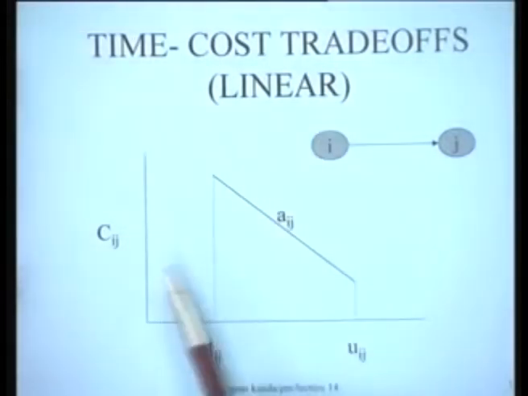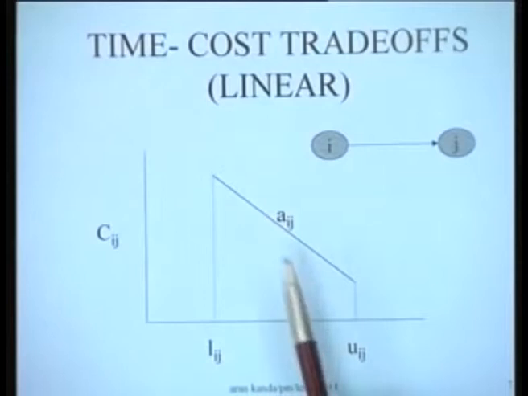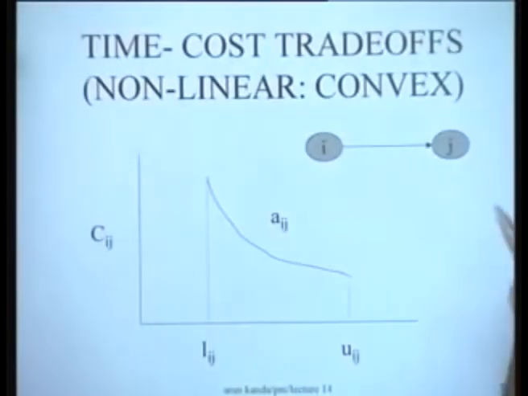So linear time cost trade-offs would mean that the cost time relationship for the activity is of this nature. However, there could be other types of trade-offs.